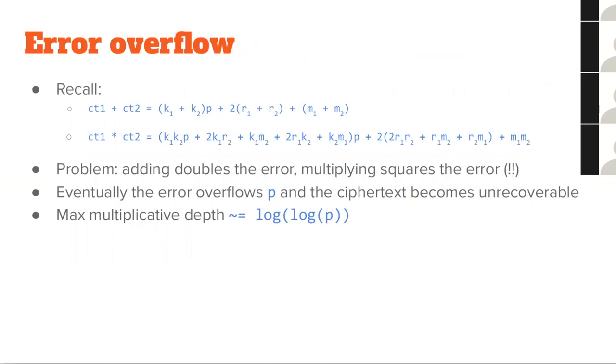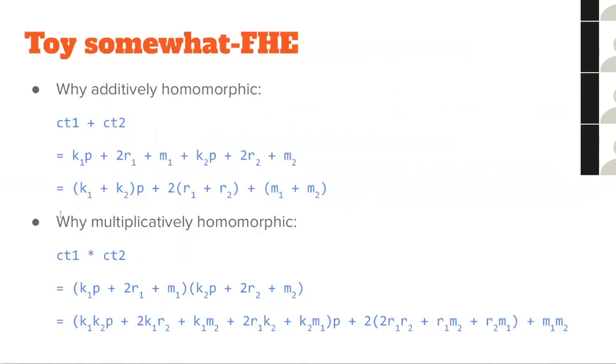Now, why doesn't this work already? There are 2 problems. One of them is that multiplication just doubles the length of the ciphertext. Here you had k1p and k2p, and here you have k1k2p, and actually it's k1k2p times p, so it's k1k2p squared.